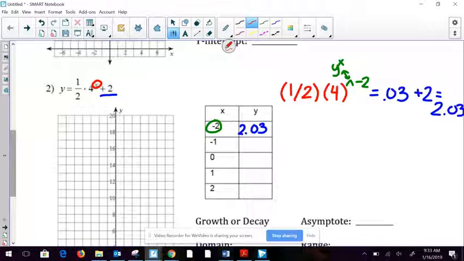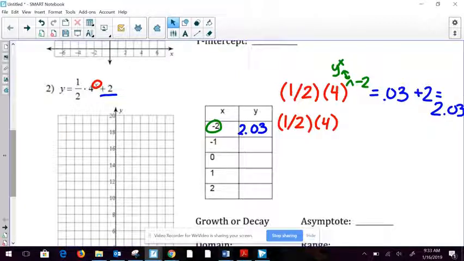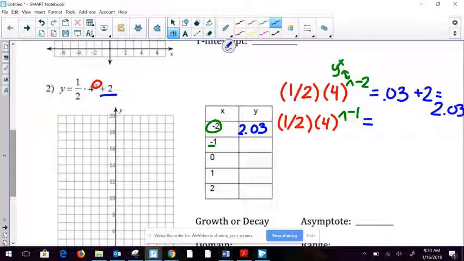So for the -1, again, I'm going to start by doing 1 over 2 in parentheses, parenthesis 4 parentheses, my exponent key, but now my exponent is -1. I'm going to hit the equal sign. That gives me the number 0.125.